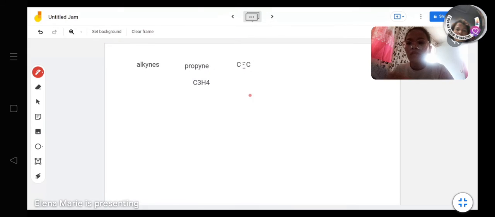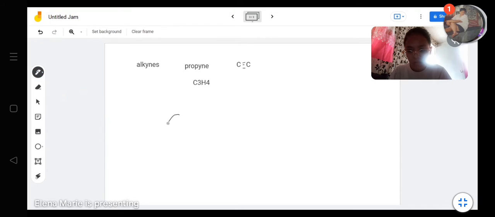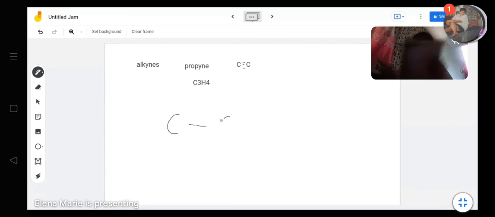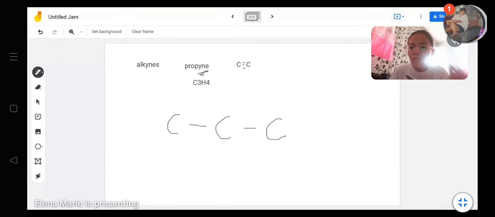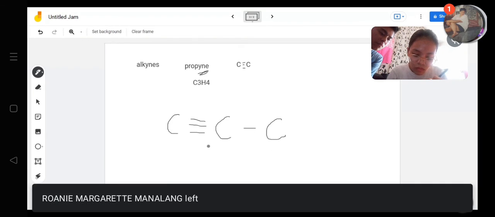Now, for the propyne, you have C3, 1, 2, 3. And since it's a propyne, there is at least one triple bond. You can put the triple bond here, or you can have the triple bond here. In any way, you are just representing the same compound.